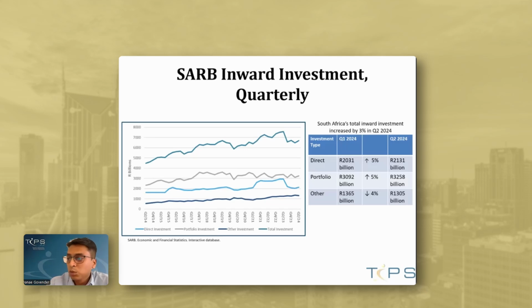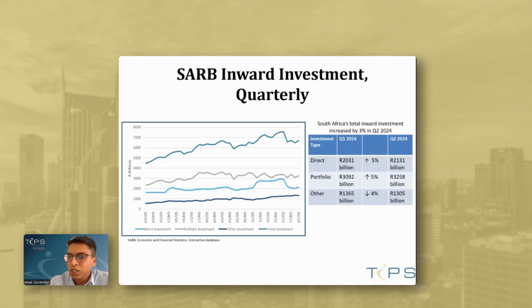increase. In terms of investment by type, direct investment increased from 2,031 billion in the first quarter to 2,131 billion in the second quarter of the year. Likewise, portfolio investment increased from 3,092 billion rand in quarter one to 3,258 billion rand in the second quarter of 2024.